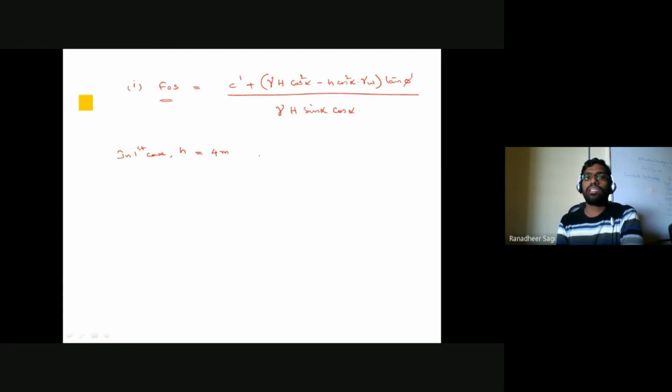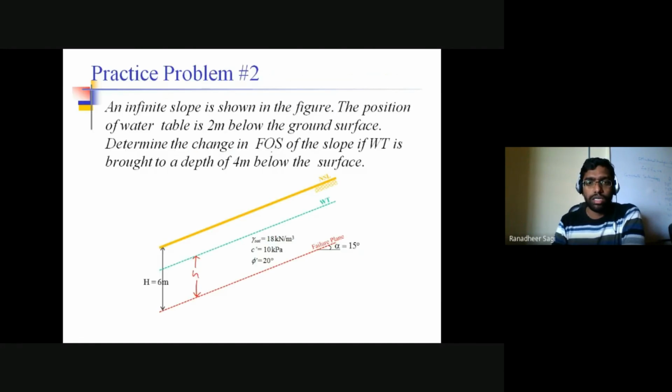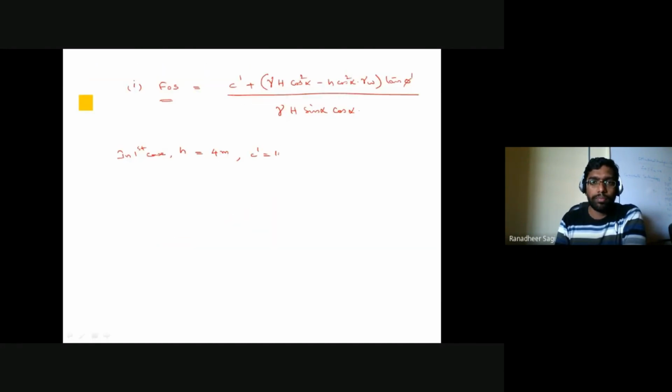So with small h equal to 4 meters, C dash value is already given as 10 kilopascal. Gamma sat, wherever you have gamma, it indicates the saturated unit weight we are referring to, because the condition of the soil is said to be saturated. So what is this saturated unit weight? I think 18 kilonewton per meter cube. Phi dash is equal to 20 degrees and alpha is equal to 15 degrees.